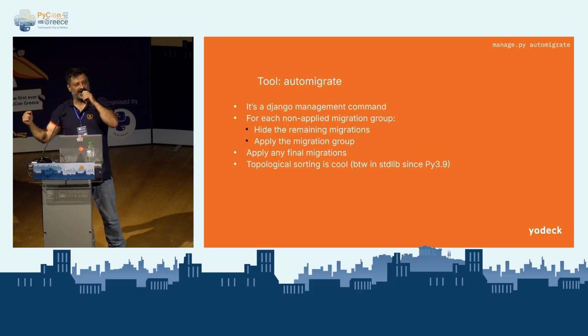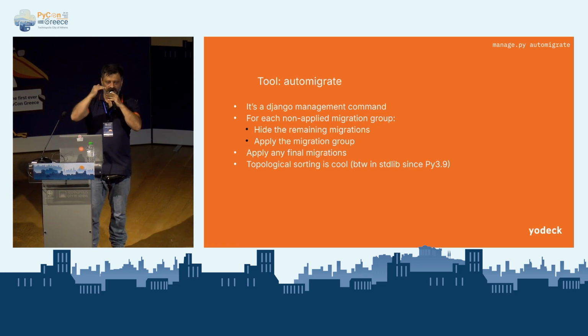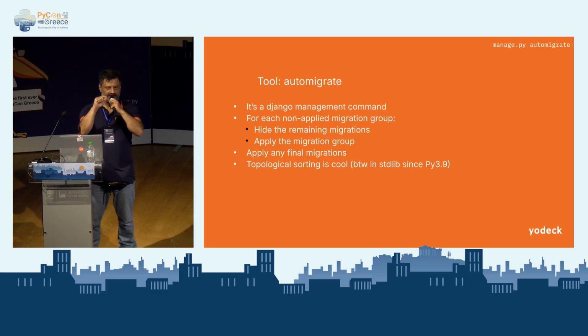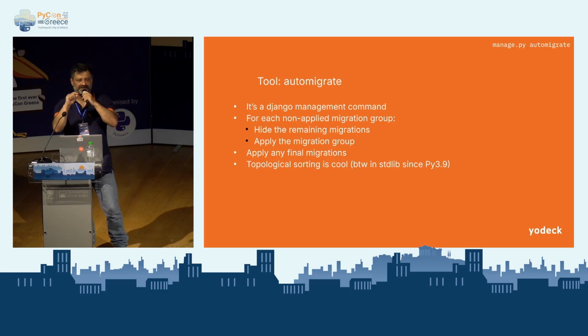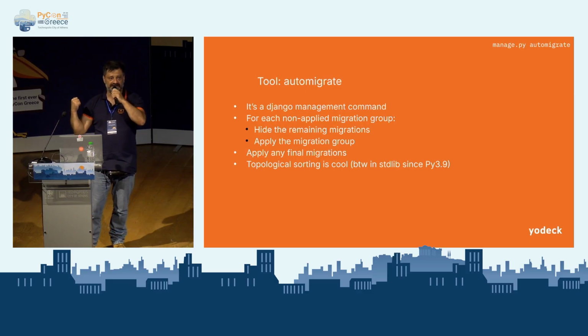Then sometime the 2 from the other branch gets merged. So in the main branch we have migration 1 applied, migration 3 applied, and then 2 appeared, which is not applied. Django's manage.py migrate cannot handle this. It says, okay, you have 2, it's not applied, but 3 it is.